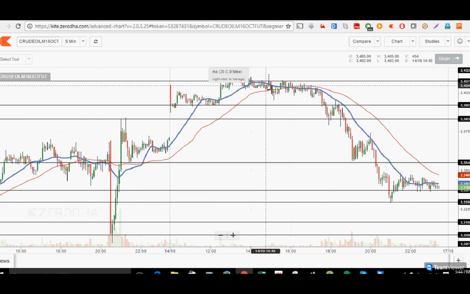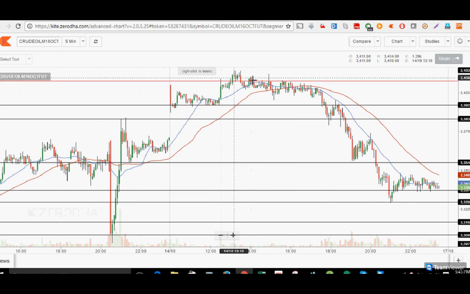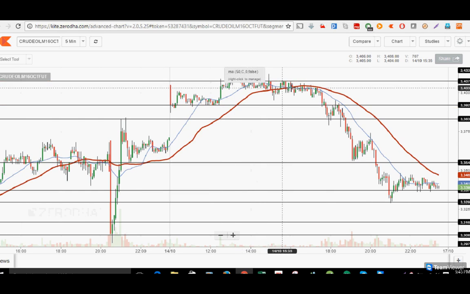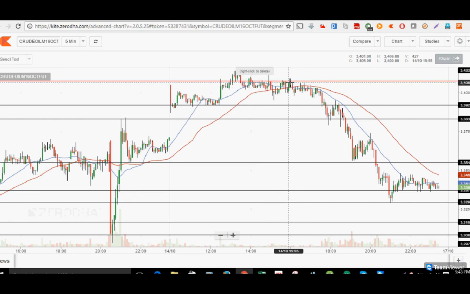So when this gap is about to reduce, I am okay to take shots here, because the market has already made an upmove and the gap between these two MAs is reducing. So I'm pretty sure of my strategy. If I follow my strategy with discipline here, I will short. If it reverses, I'm okay to book the stop loss.